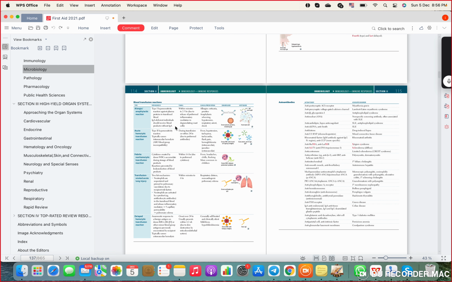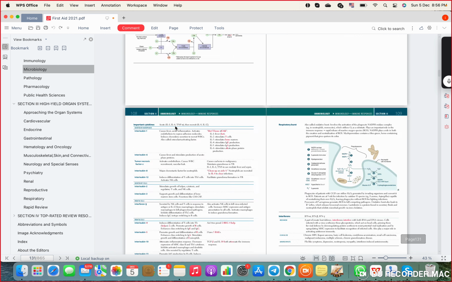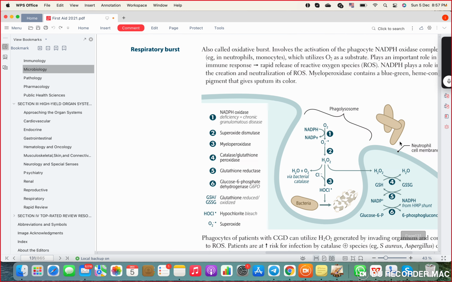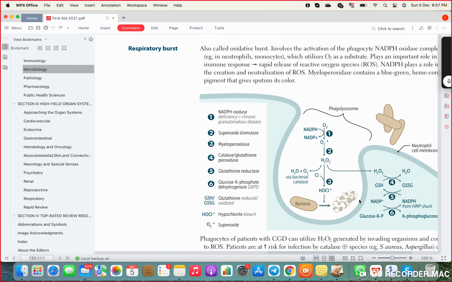Next thing, we spoke about this process. Sadly, you need to know these actual ones. For example, NADPH oxidase. If it's deficient, if it's not working, what will happen to the patient?